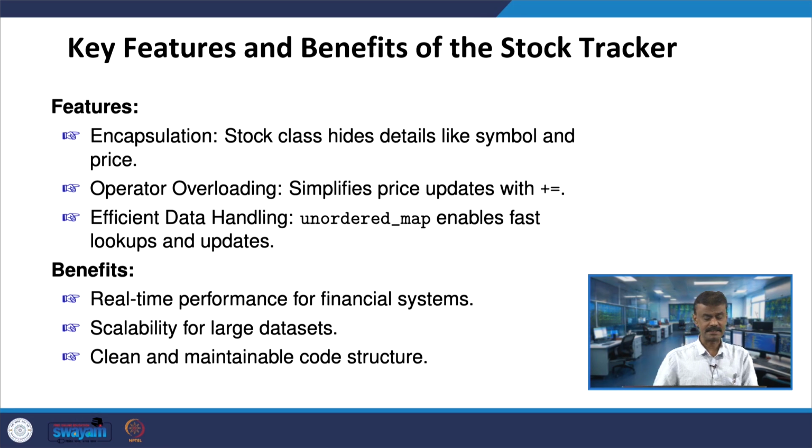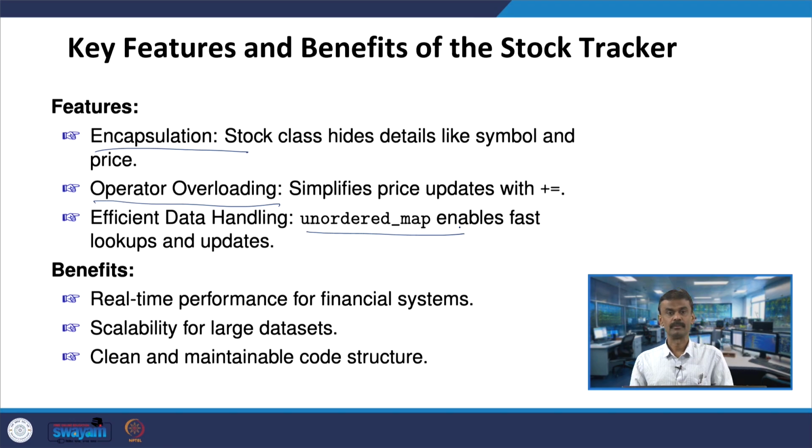So, the key features here: we use encapsulation, we use operator overloading, and we are able to do efficient data handling based on the unordered map data structure. As we have already seen, for lookup, updates and insertions it is an order one algorithm. That is the reason we have chosen unordered map.